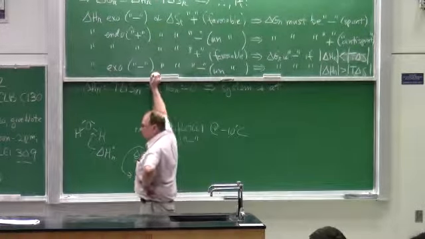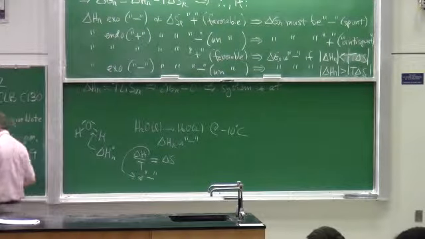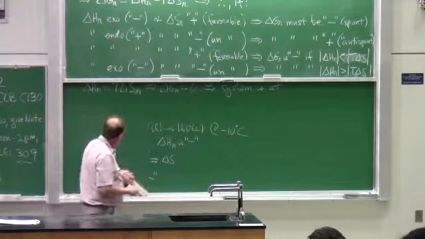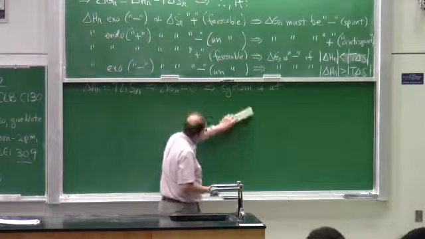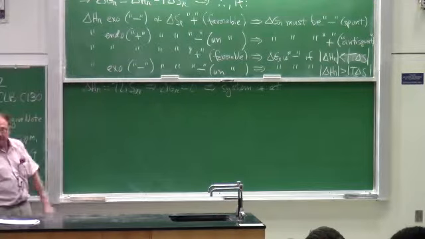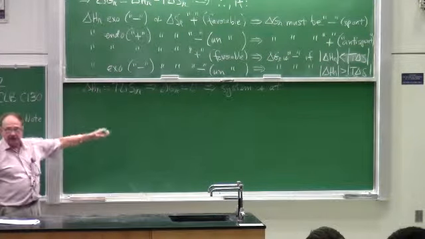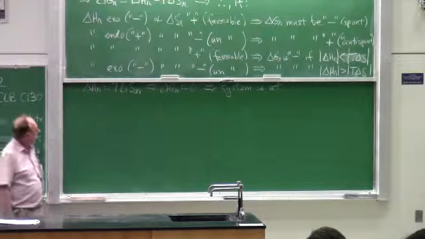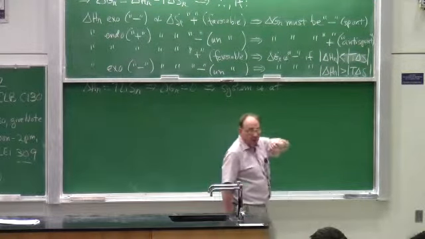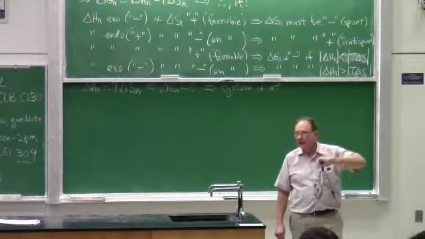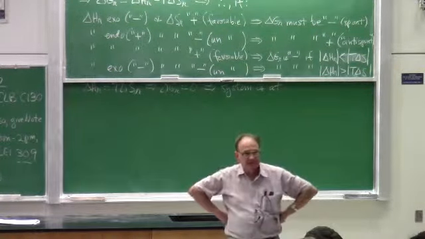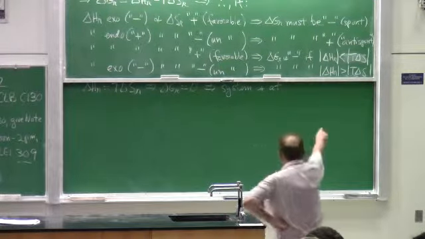Now, one other possibility exists. The change in enthalpy is for it, the change in entropy is against it, but the magnitudes are equal. Or the change in enthalpy is against it, but the change in entropy is for it, but the magnitudes of these terms are equal.